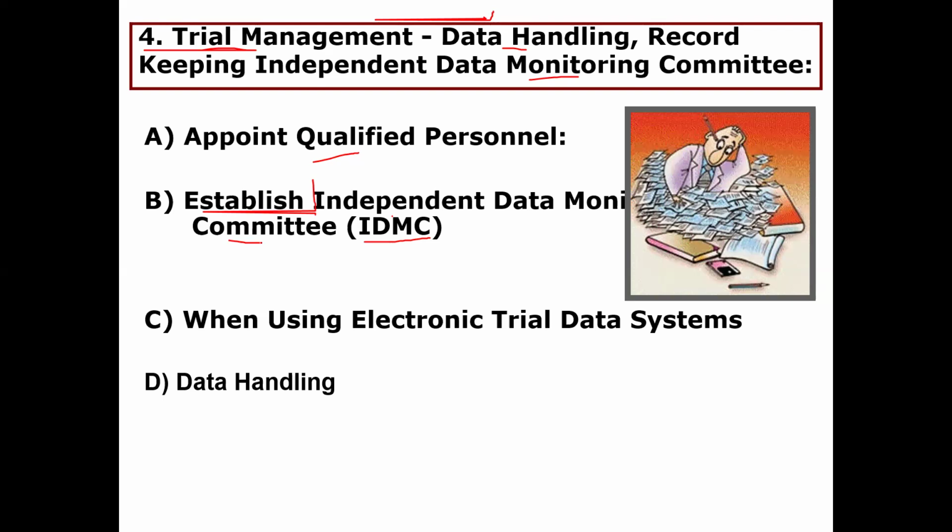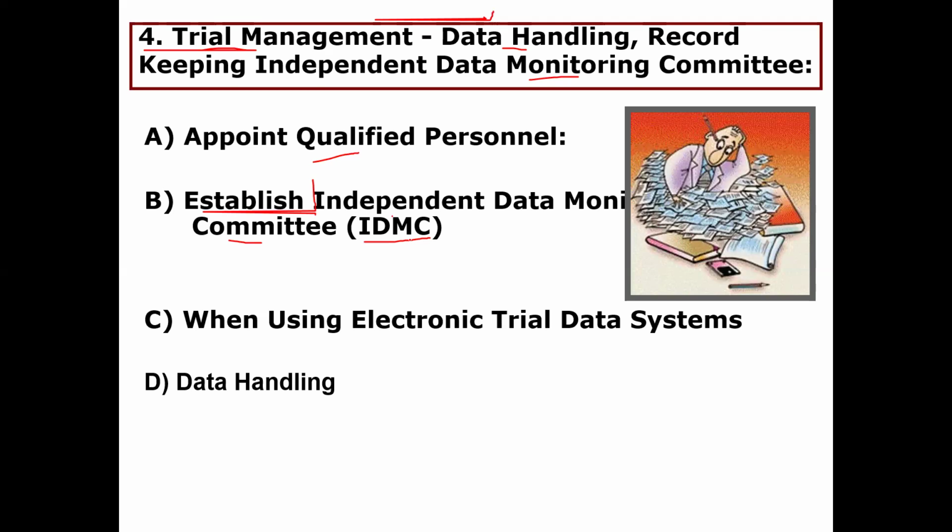Now your question can be: is an IDMC mandatory in every trial? No, the answer is no. But for any trial which is critical, you always have an IDMC, especially phase 1, 2, 3.